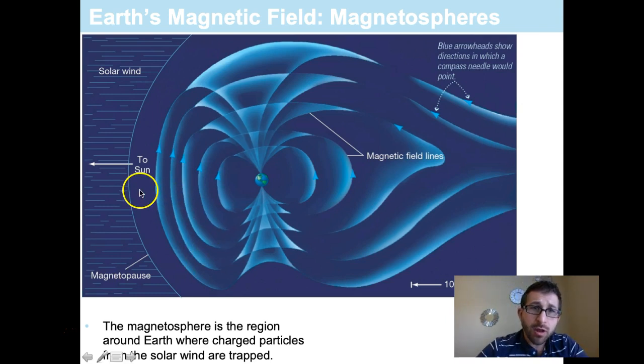And so, you'll notice that we have field lines drawn from the south moving into the north. And we'll notice also that this side is kind of this circular shape, and on the other side it's kind of like trailing off to a tail.